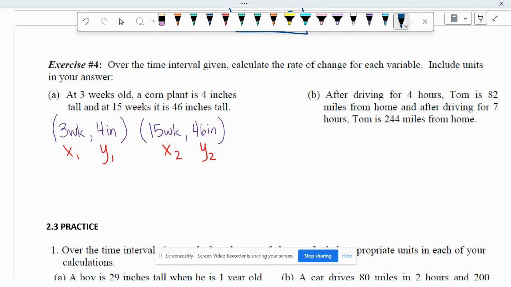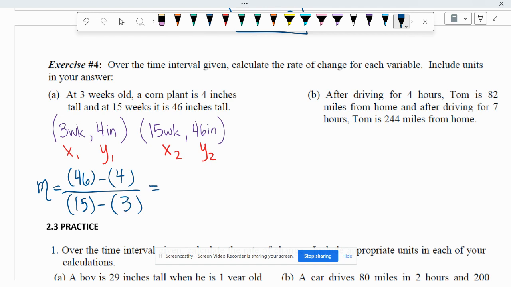So I know that my slope formula says that I take y sub 2 minus y sub 1 over x sub 2 minus x sub 1. So what number am I plugging in for y sub 2? 46. Y sub 1? Anyone? 4. X sub 2. X sub 1.